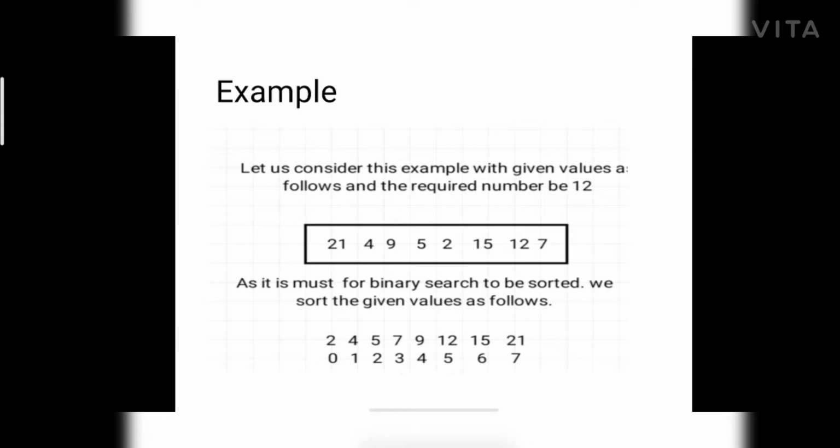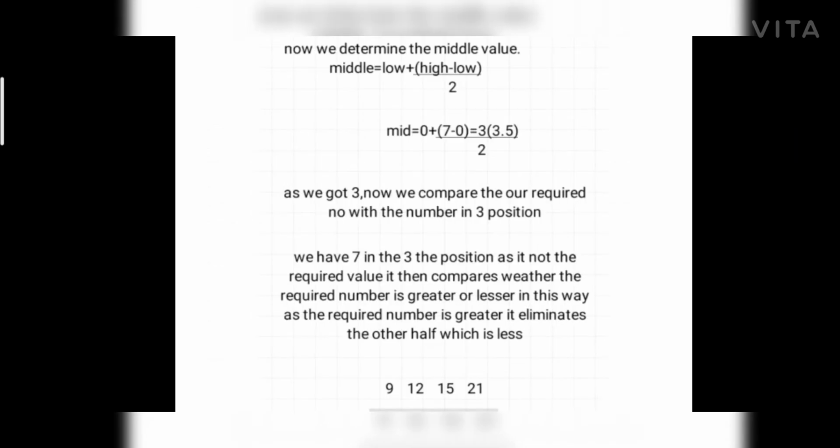So we now have 8 numbers, and as we give the first number the 0th position, the positions are marked. Now we determine the middle value. We use the formula mid equals low plus (high minus low) by 2.